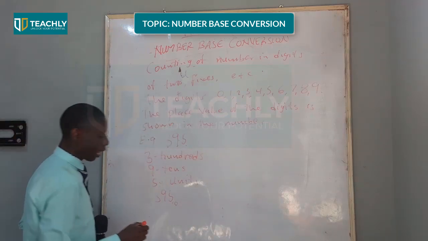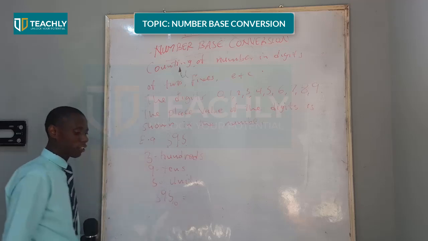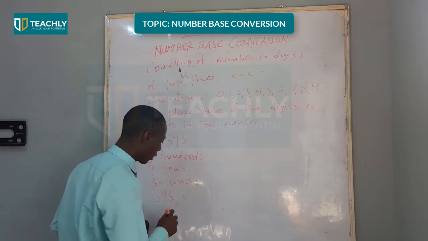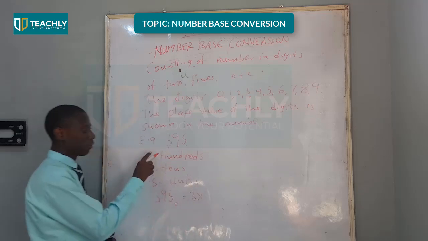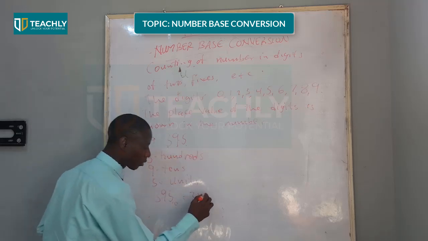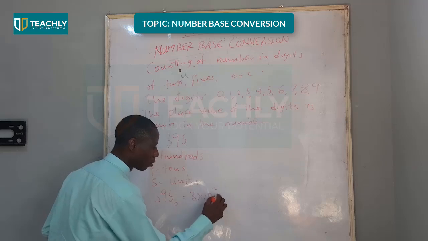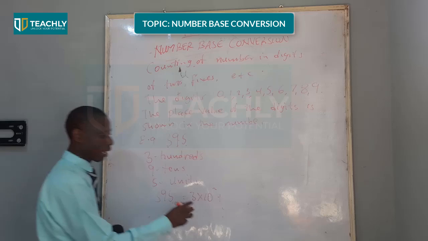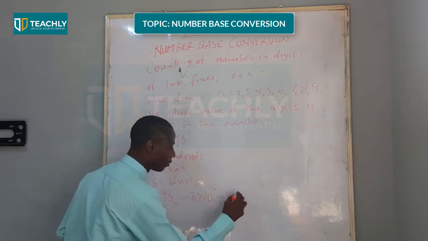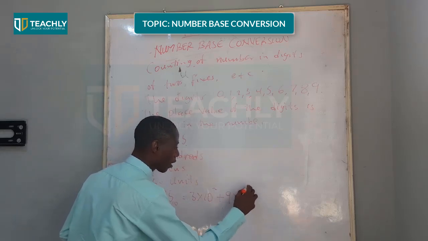And if you want to express it in expanded form, it can be like this: 3 will be 3 times, since 3 is 100, 10 raised to the power 2. This 9, since it's 9 tens, can be expressed as 9 times 10 raised to the power 1.